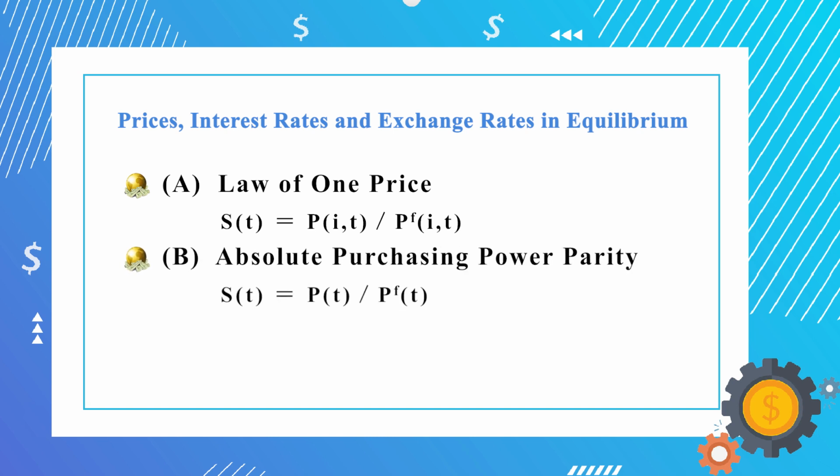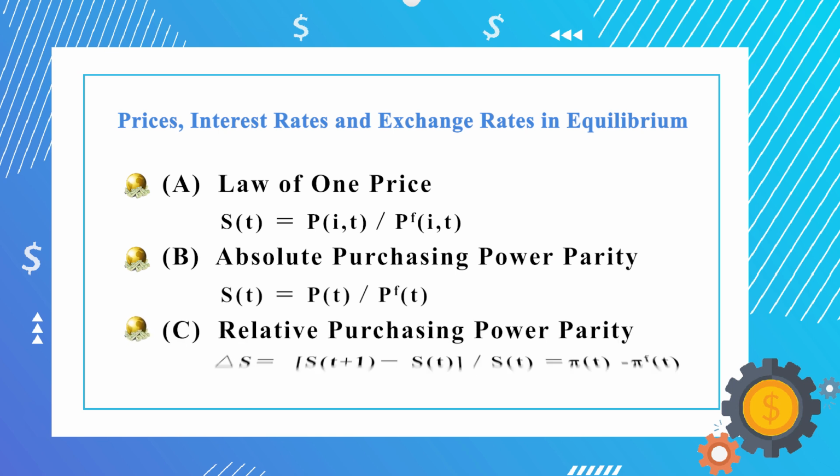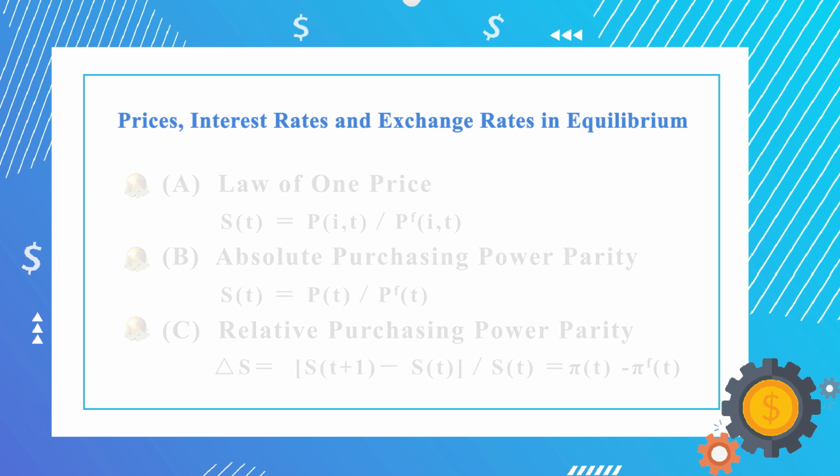Absolute purchasing power parity indicates the exchange rate between two currencies is determined by the price levels of the two countries. Relative purchasing power parity indicates the change of the exchange rate of two currencies equals the difference of inflation rates of the two currencies.